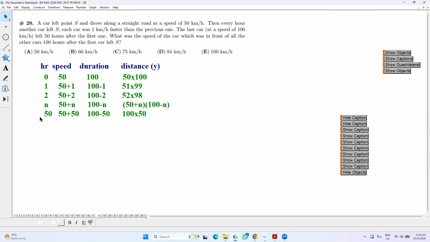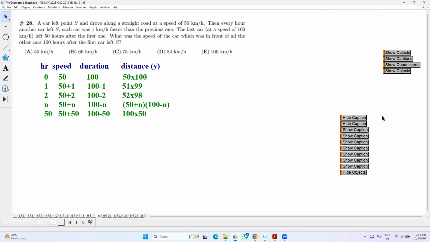So the distance is the important part, because you want to ask the speed of the car which is in front of all the cars. That means the one that has the longest distance. Which one is the longest distance? In the exam, you get options A, B, C, D, E, so you can answer straight away after you tabulate.